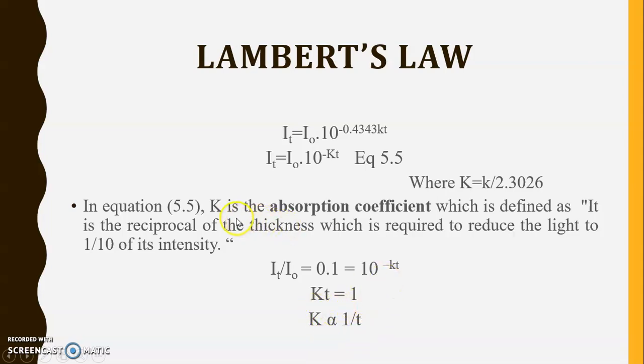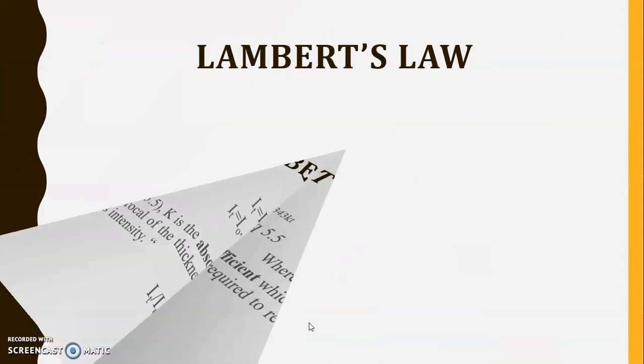This proportionality constant is known as the absorption coefficient, defined as the reciprocal of the thickness required to reduce the light to 1/10th of its total intensity. So K is directly proportional to 1 upon t.